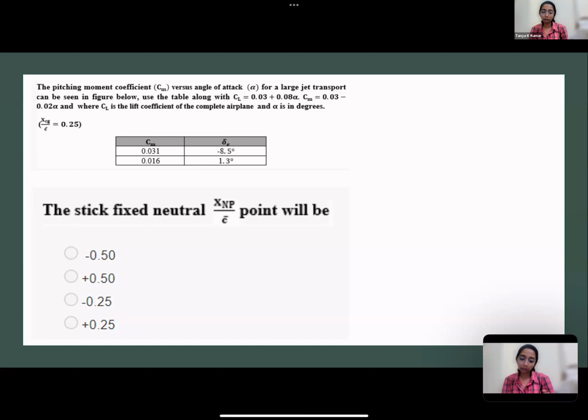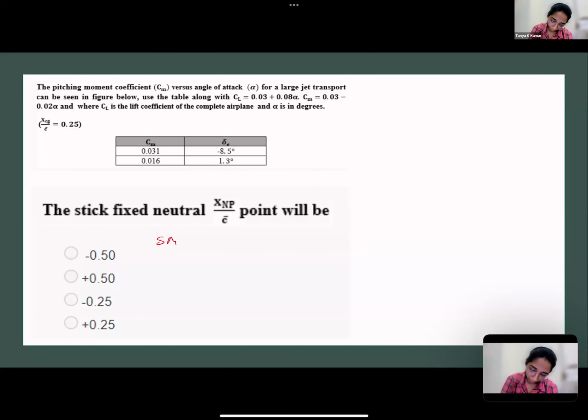So now how do you find this neutral point, given the data? Static margin. Exactly. Very nice.